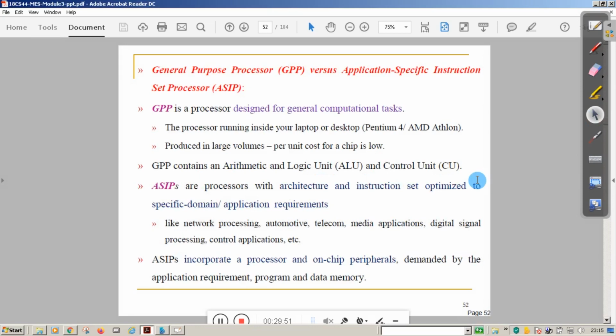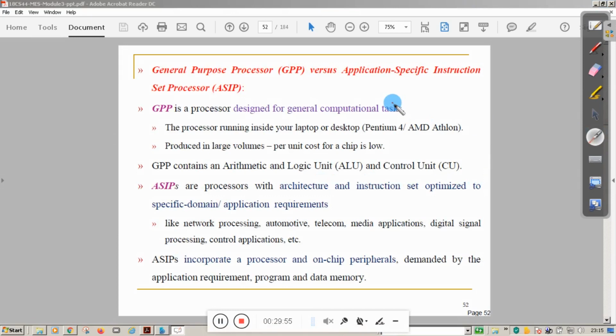Now next we need to see the various differences between different types of processors. First one is a general purpose processor versus application specific instruction set processor, ASIP. We know GPP is a processor designed for general computational tasks like Pentium 4, AMD, etc. GPP contains an arithmetic and logic unit and a control unit.